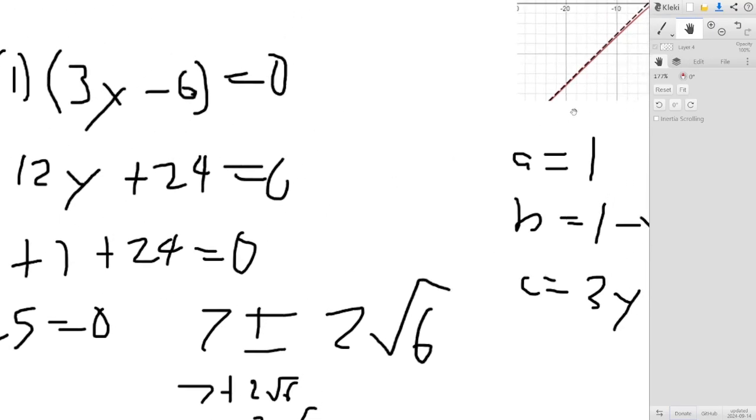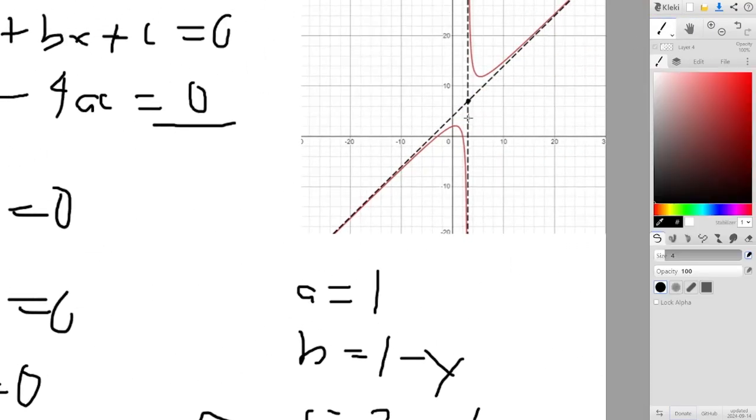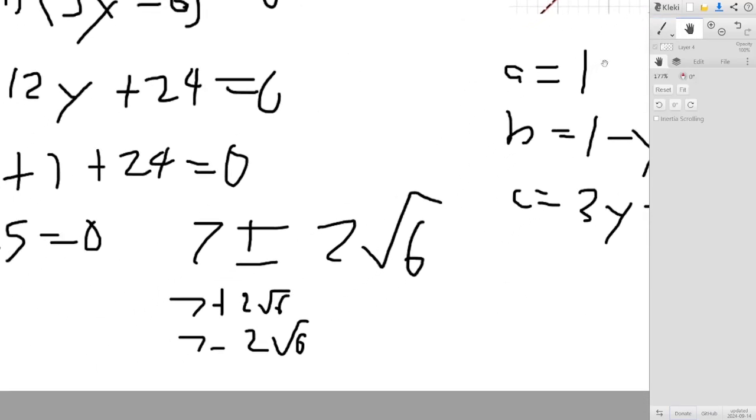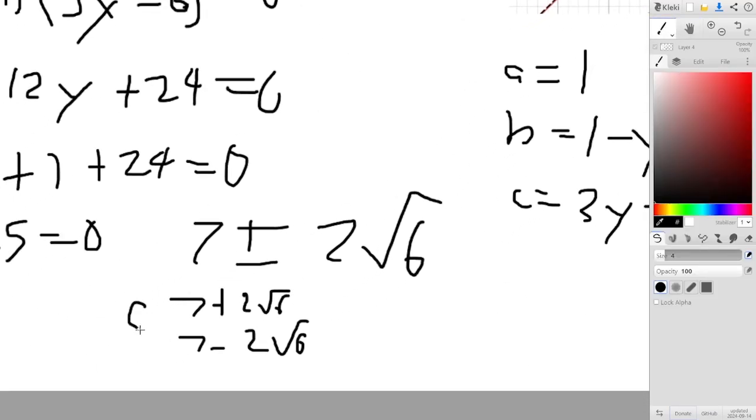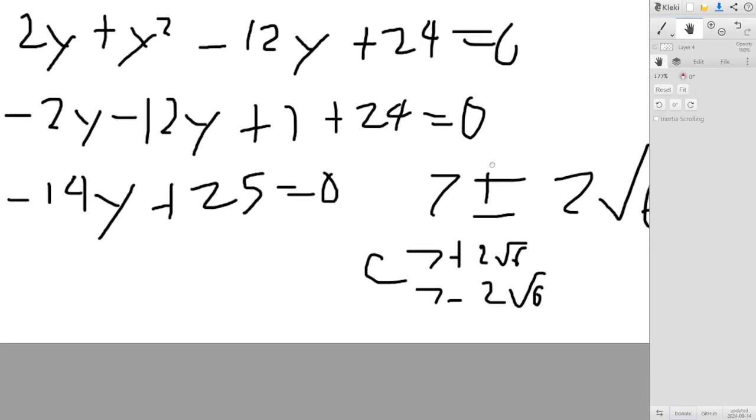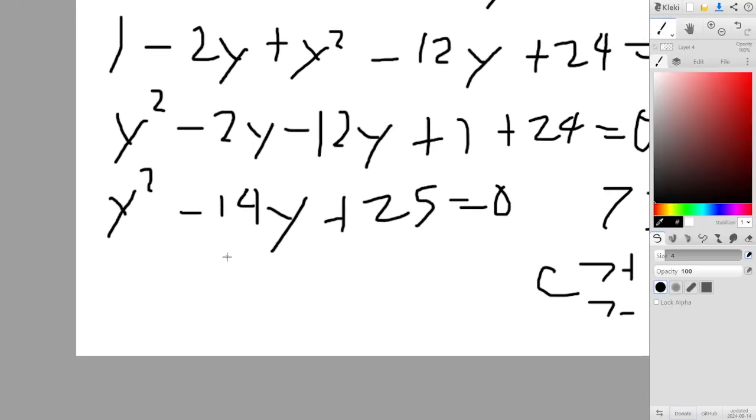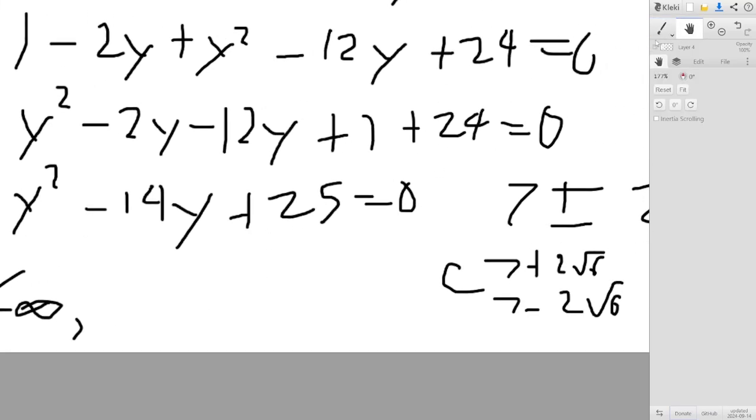But we also have to take note of these points over here, which are these values over here. So our range will be negative infinity, comma.